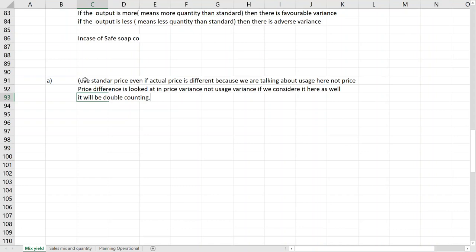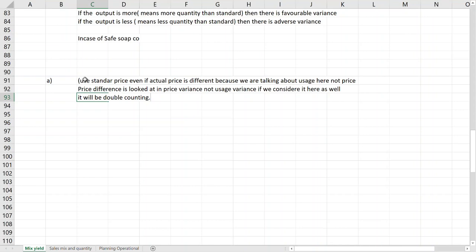If actual price is given, we can compare both based on actual price. Price is the same. If actual price is given, standard is not given, then we don't have any option, we will use actual.